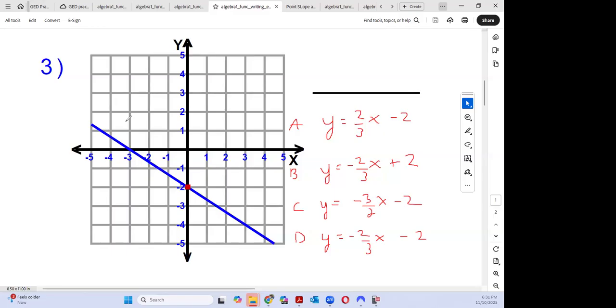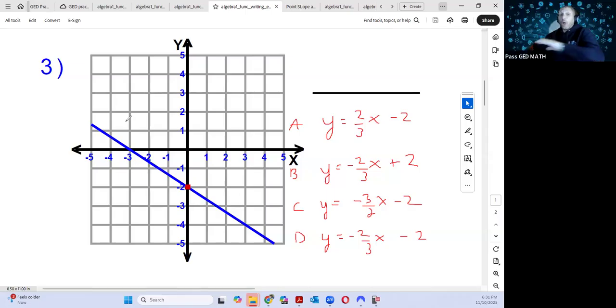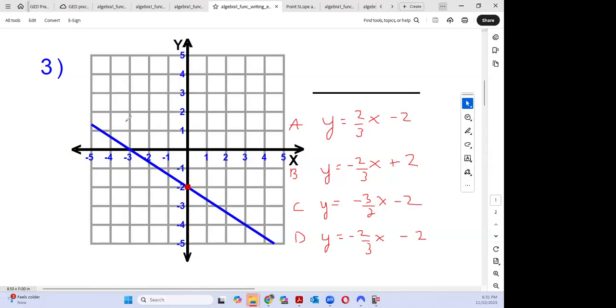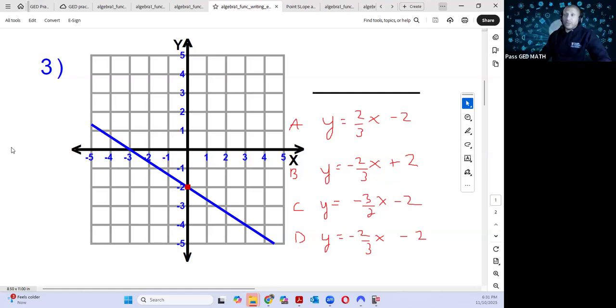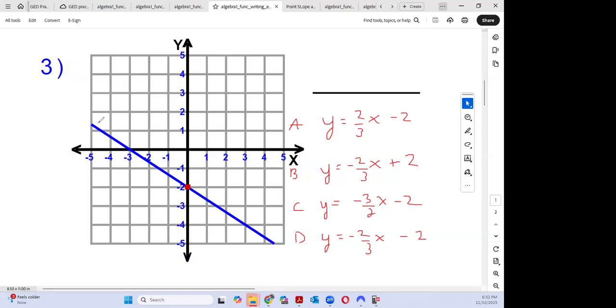Is it? Okay, let's see. First of all, you all are wrong. So this is what I would tell you to do. First of all, every time identify what you know. From left to right, it's going down, so I know it's a negative slope.